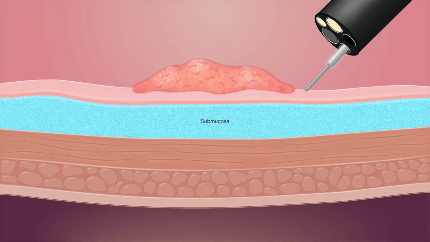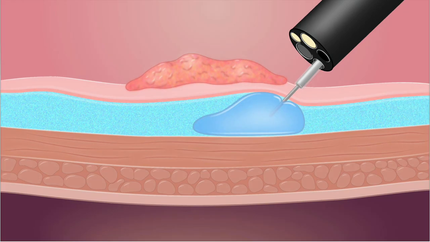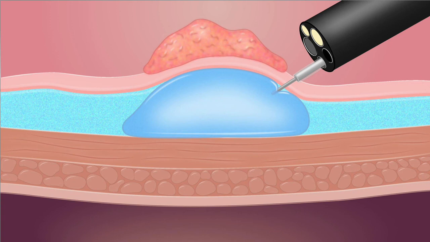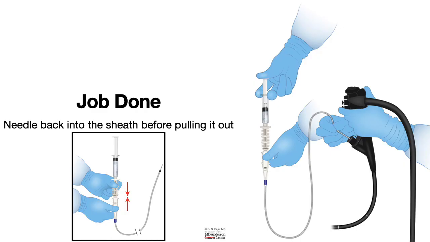Then the endoscopist makes a gentle puncture, gets into the submucosa, and you do the tap, and then it gives a nice lift. Once it is done, the endoscopist will pull the needle back from the submucosa into the lumen, and then he will say, let's take the catheter out and get me a snare.